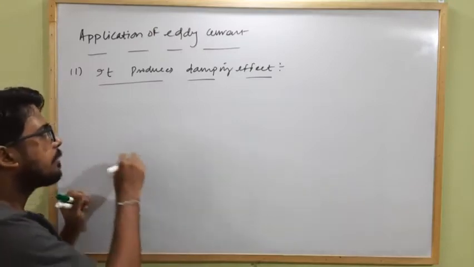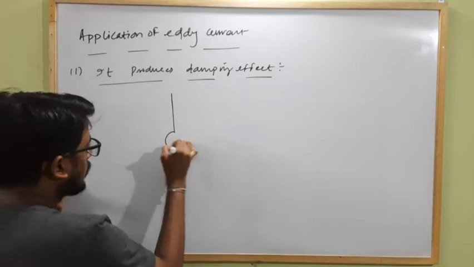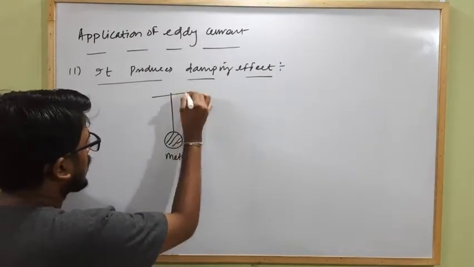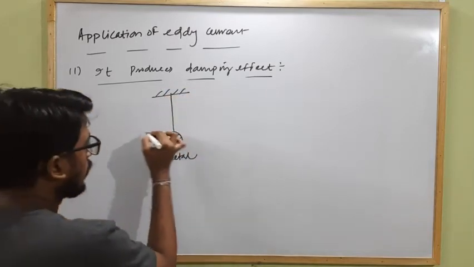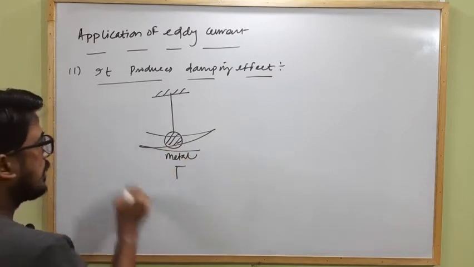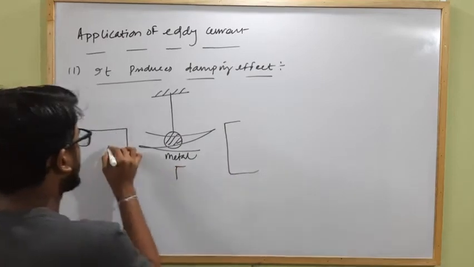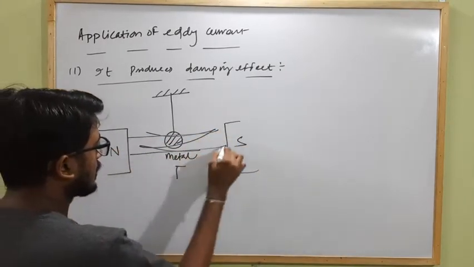For example, if there is a metal ball hung through a string, and it's oscillating with a certain time period T initially, but when we place this metallic pendulum within a magnetic field, there will be magnetic field lines like this.